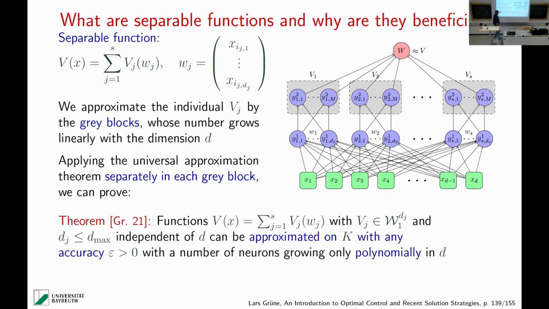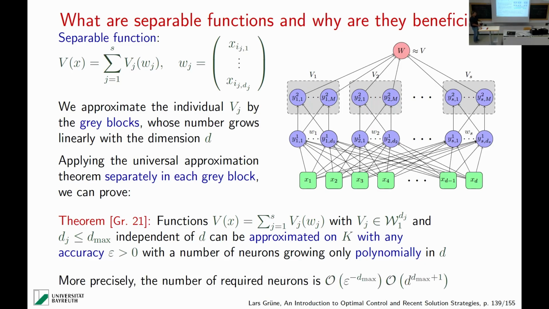And what we get is the following theorem: these functions, where this dj is bounded by some dmax independent of the overall dimension, can be approximated on the set K with any accuracy with a number of neurons growing only polynomially in D.